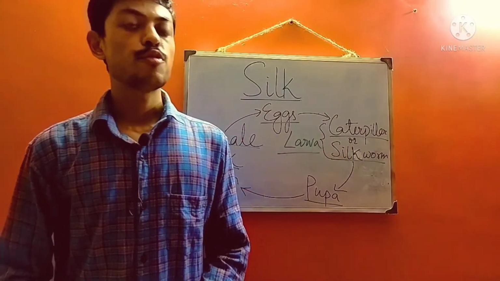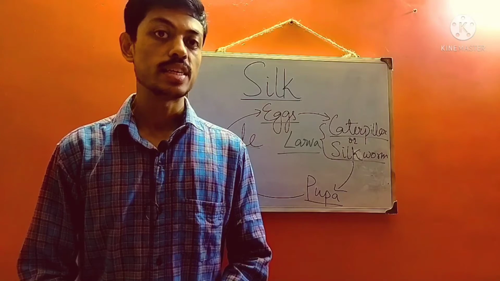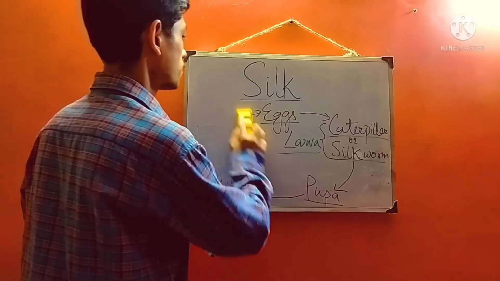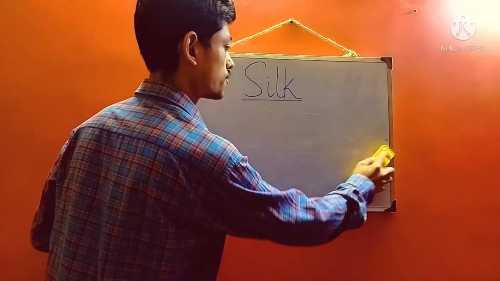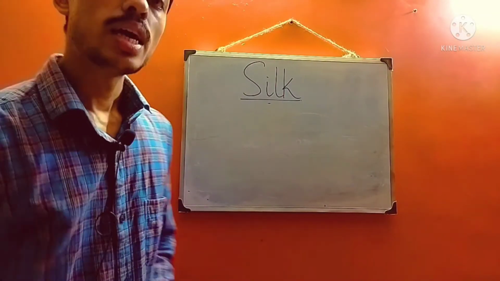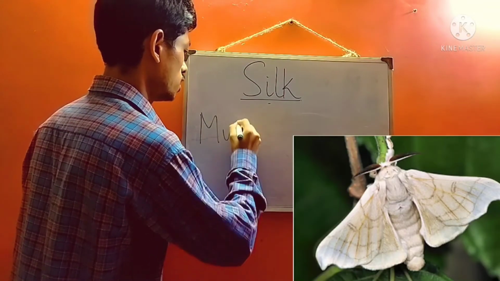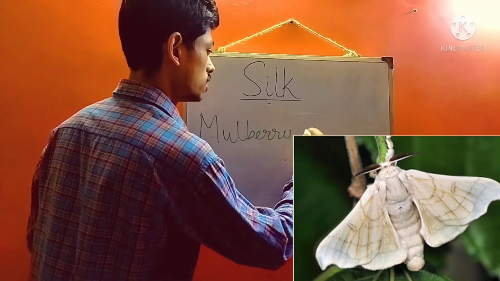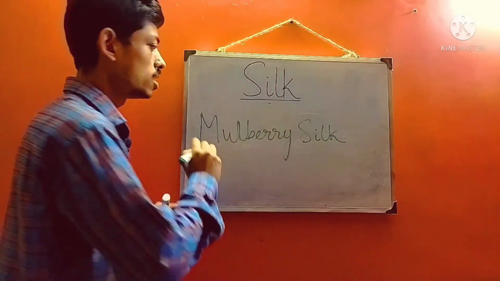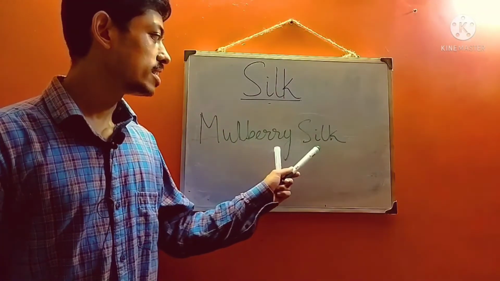There are different varieties of silk moth which produce silk that differs in texture. What are those? Like the mulberry silk moth, which is the most common and produces the mulberry silk.